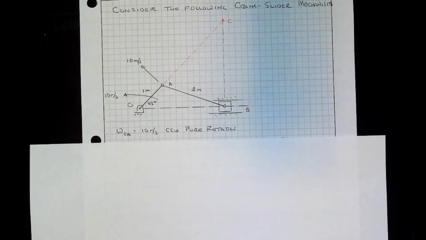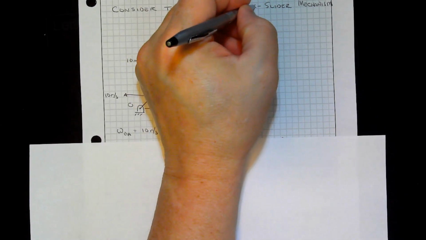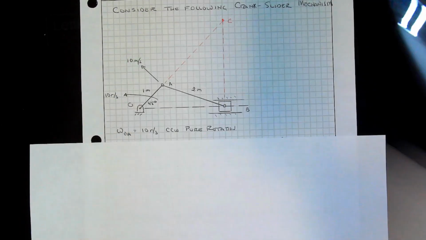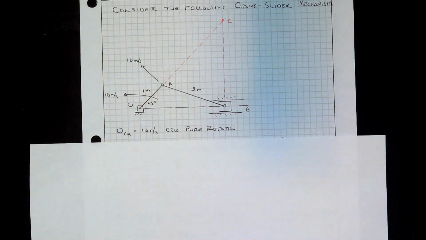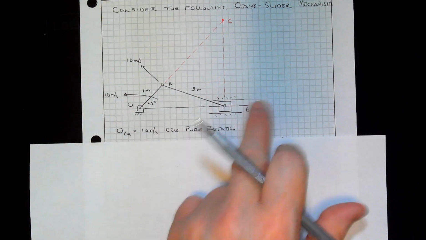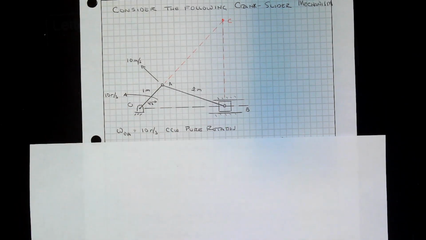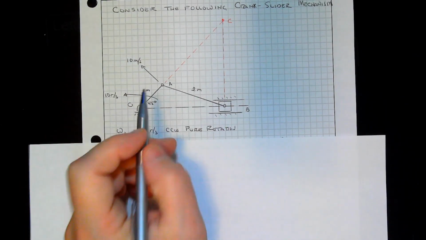So let me get set up here. What I have here is what's called a crank slider mechanism. Again, in a following course dealing with mechanism design and kinematics, you'll see a lot of these things. So this is a crank.